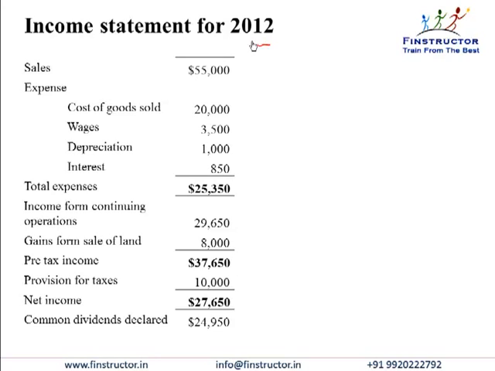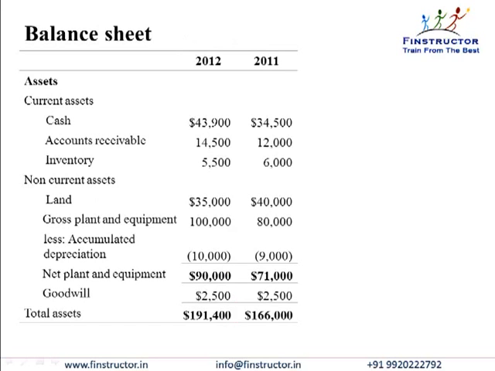We are given the income statement for a company for 2012. That is the sales, cost of goods sold, wages, total expenses, pre-tax income, taxes, net income, dividends are mentioned. We are also provided with the balance sheet, that is the current assets for 2011 and 12, the non-current assets, goodwill, and the total assets.